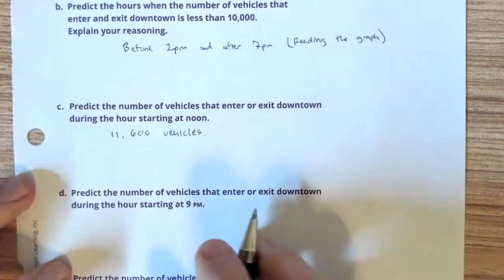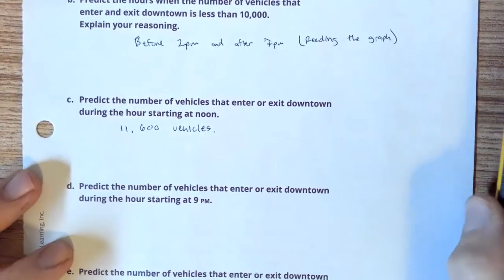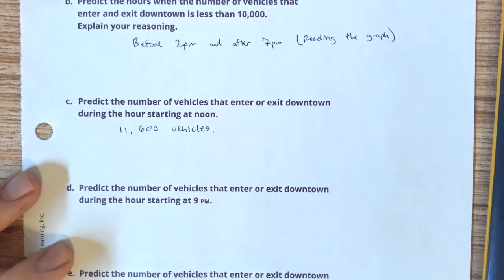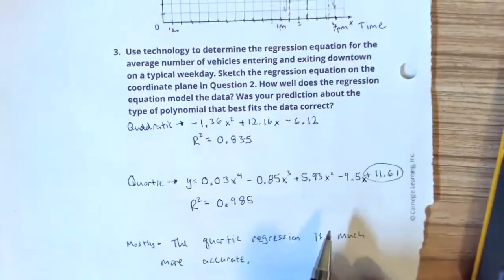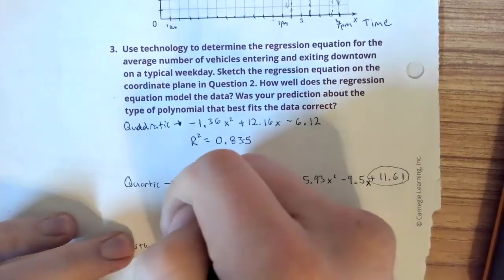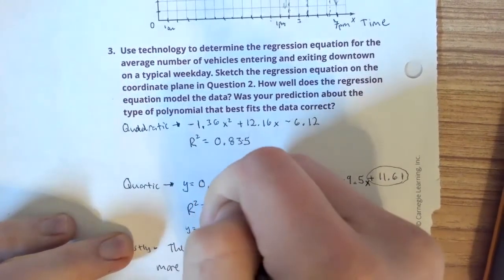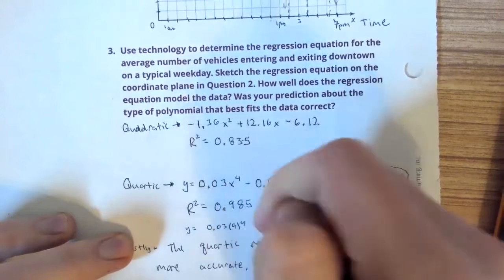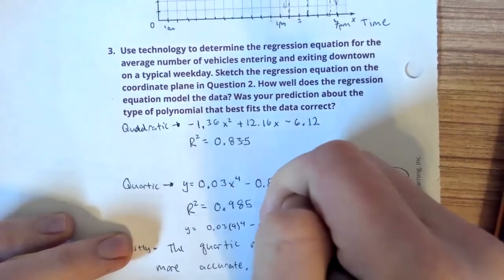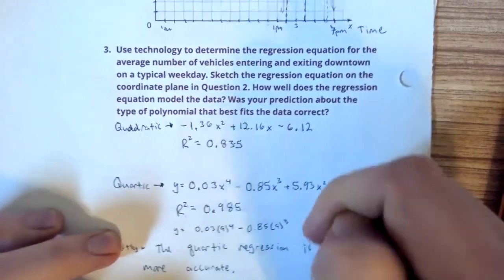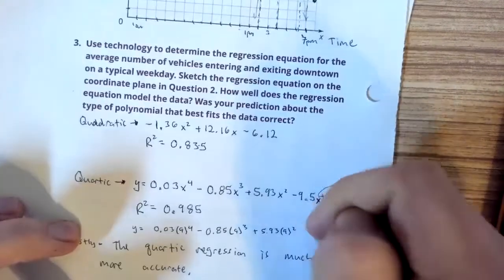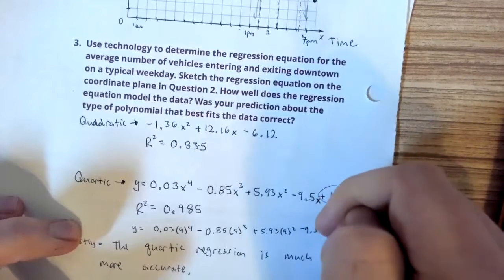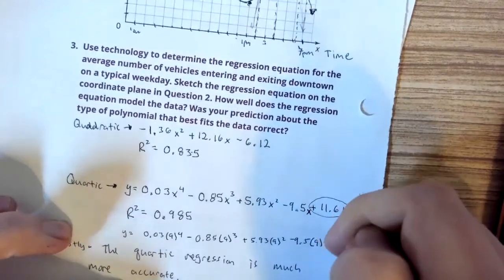Really what you're doing, though, in that equation that we had built previously, is just replacing all of these x values with 9. So you would just be evaluating y equals 0.03 times 9 to the power of 4, minus 0.85 times 9 to the power of 3, plus 5.93 times 9 squared, minus 9.5 times 9, and then finally plus 11.61.